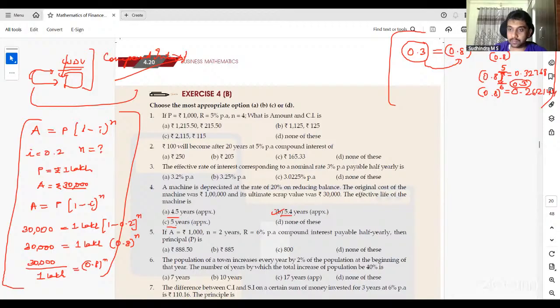Bhavish, question number 6. Very good, Vinyas. Yes, Lahari. Yes, Dhanush.